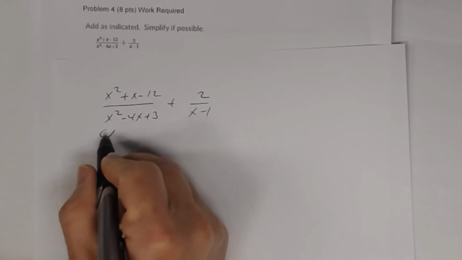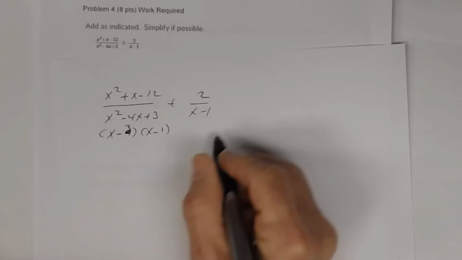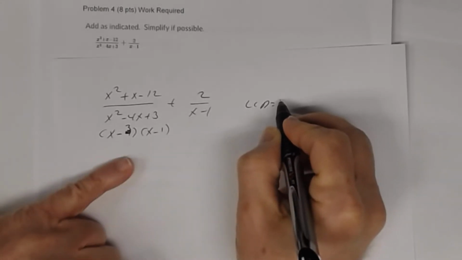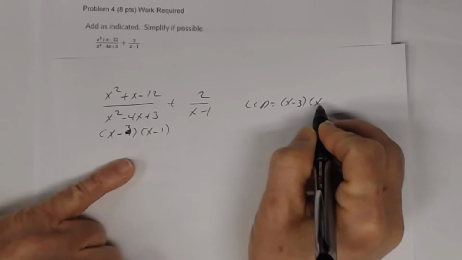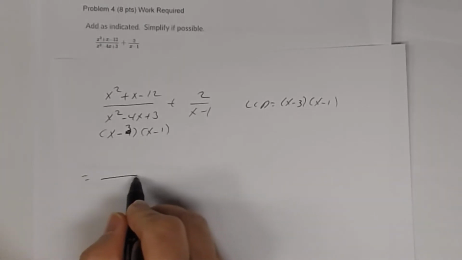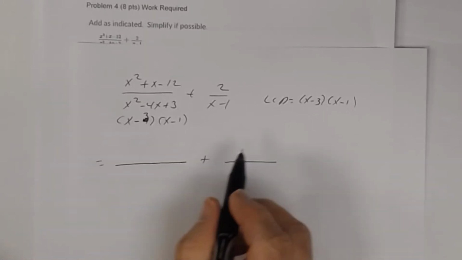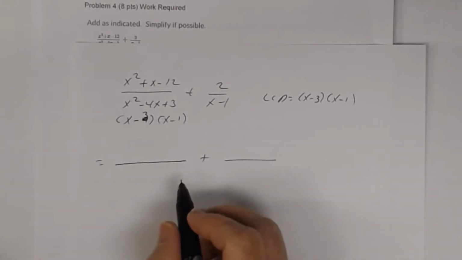That denominator I can factor as x minus 3 times x minus 1. So the LCD is x minus 3 times x minus 1. Now I'm going to write two equivalent fractions with that LCD as your denominator.